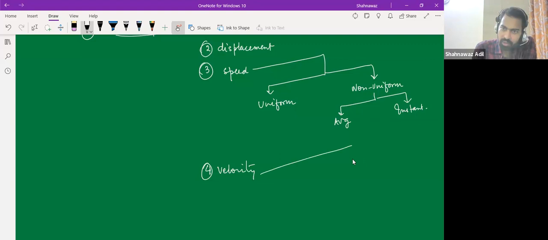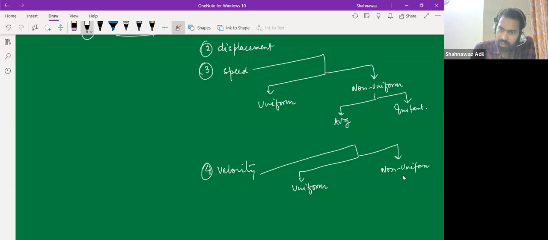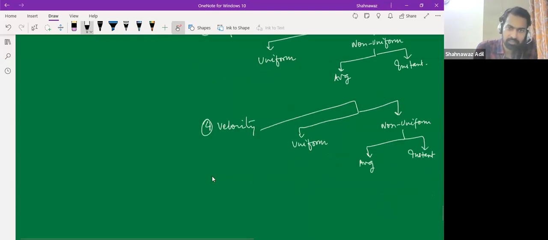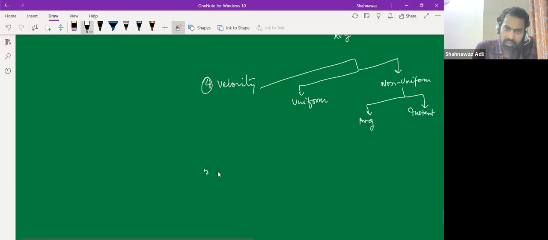And again, we learned that it is of two types, uniform and non-uniform, right? And again, for the non-uniform case, it is of two types. One is the average, and then the instantaneous. This we learned, and then we learned about the acceleration.